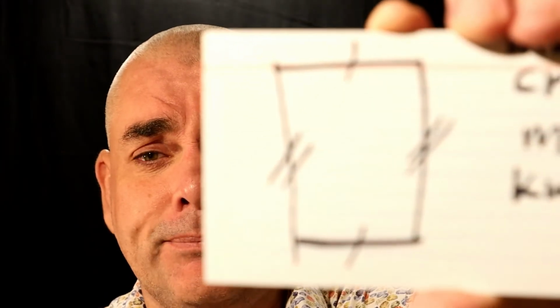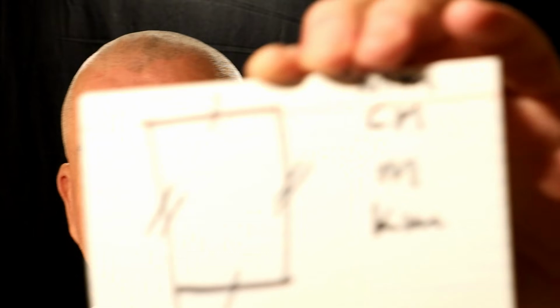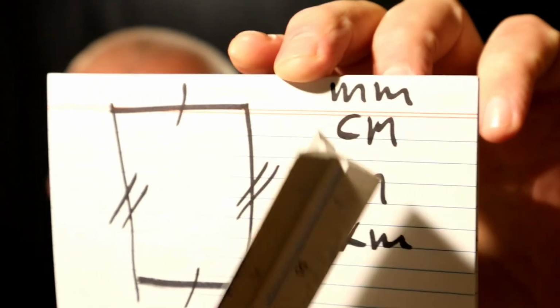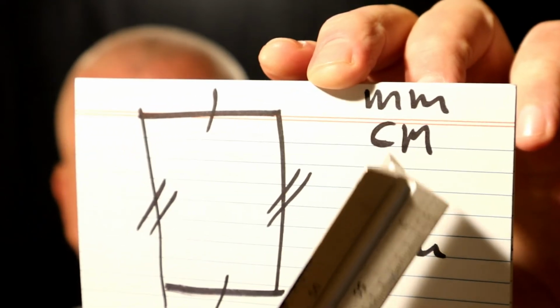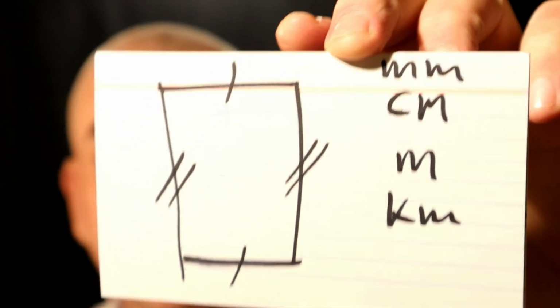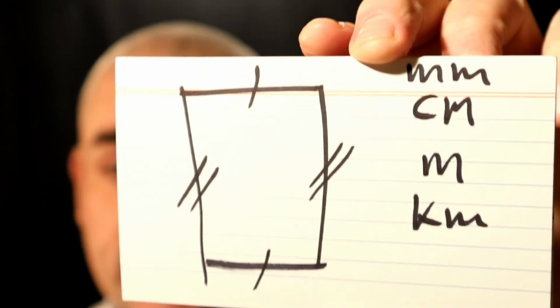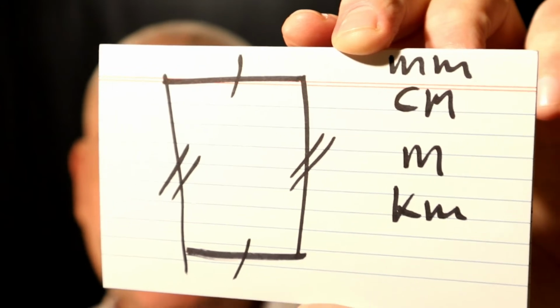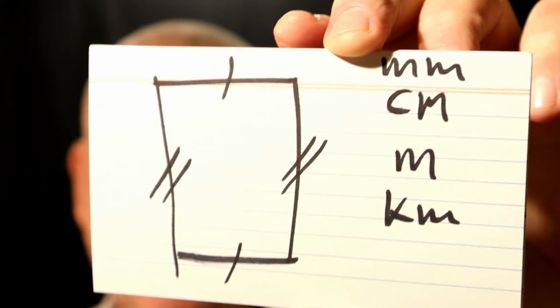So bear that in mind, and just think about our units here too. Because they are lengths, we're dealing with millimeters, centimeters, meters and kilometers. Be very wary if they're not all the same units, you might have to do some conversions before you add things up.